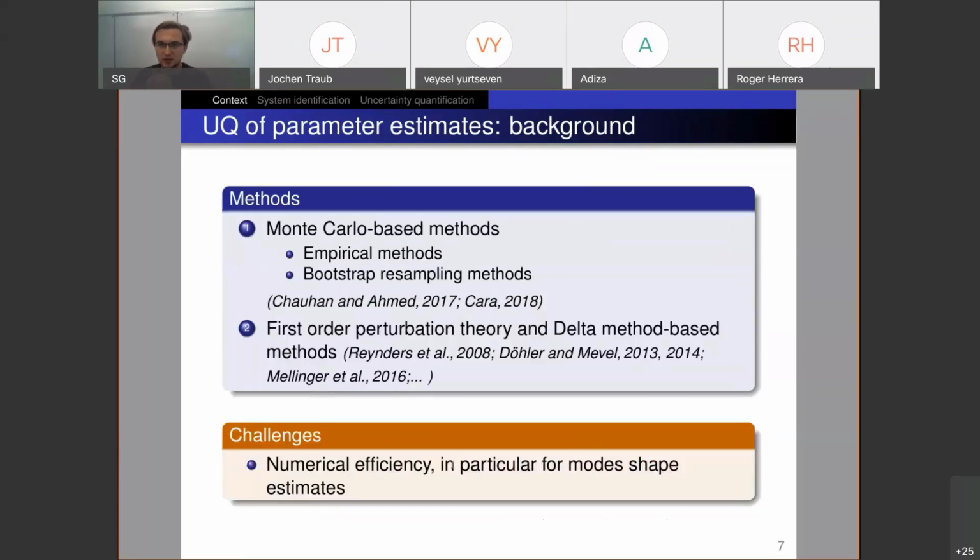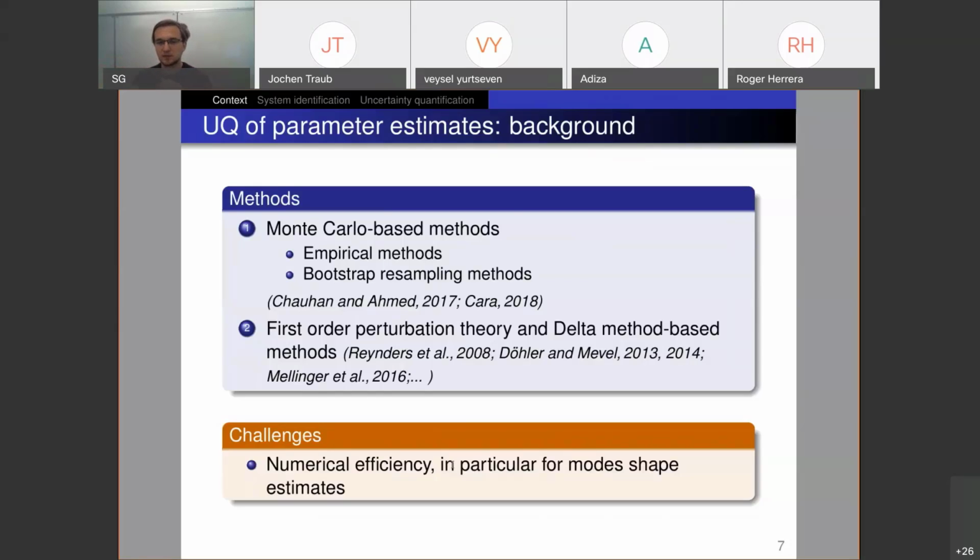Similar to operational modal analysis, there are several methods for uncertainty quantification, and here I focus on two well-known groups of methods. First are Monte Carlo-based methods, which rely on estimating the sampling distribution of our estimated parameters, for example, by estimating them multiple times from different data sets, which are empirical methods.